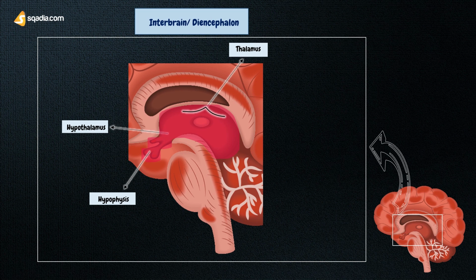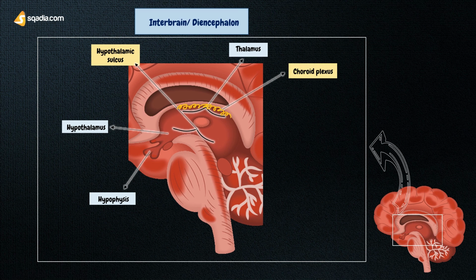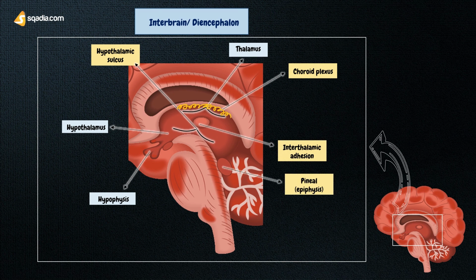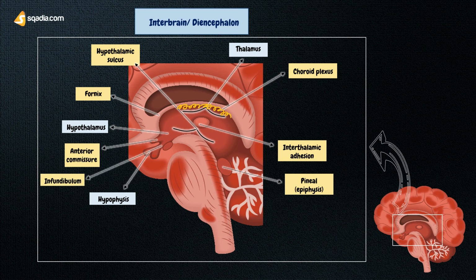Other visible structures on the diencephalon are hypothalamic sulcus, choroid plexus, interthalamic adhesion, the pineal gland or epiphysis. Then from the other side you can see fornix, anterior commissure, infundibulum, mammillary body, and 3rd ventricle.